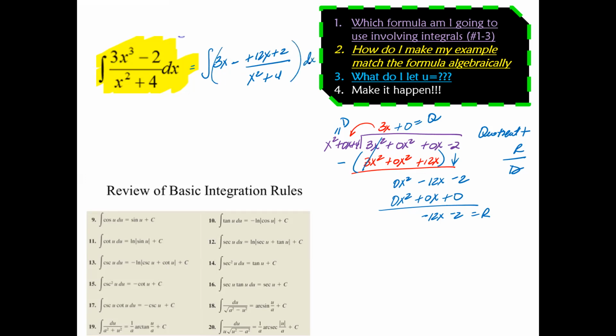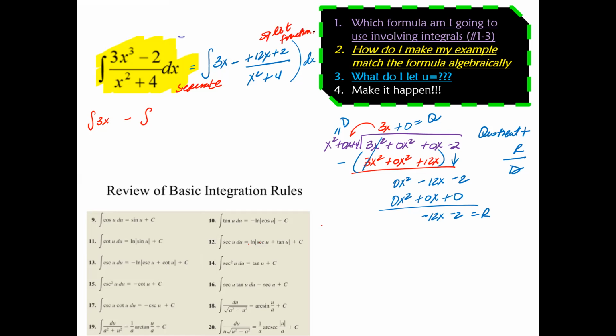And this entire thing is still in terms of dx. Well, let's go ahead and separate. There's no fraction to really split. If I go ahead and separate this, I have the integral of 3x minus, and we're going to split the fraction here.